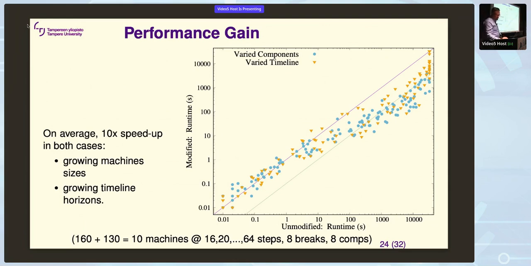So it gave us... Wait a moment. Oh, here we have for time steps. Also, when we introduced more length to the timeline, we had 13 different lengths, so it gave us 130. And the biggest machine was, I think, 16 components. Okay, thank you.